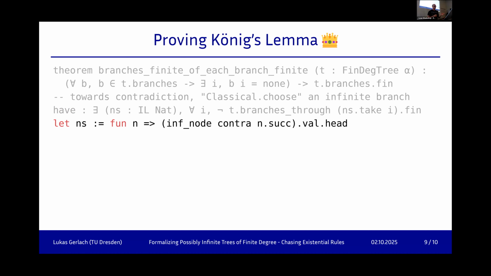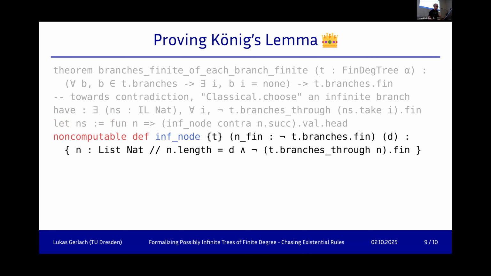It's just a function from the naturals into something, and we're going to pick the nodes in this branch by a function called infnode here. And we do this for every depth in the tree, we pick one node. And this picking is a little bit tricky, right? And this is why this is a non-computable definition, because internally it's using classical choose. And this is the easiest way to get this to work, as I am hopefully able to explain in a little bit.